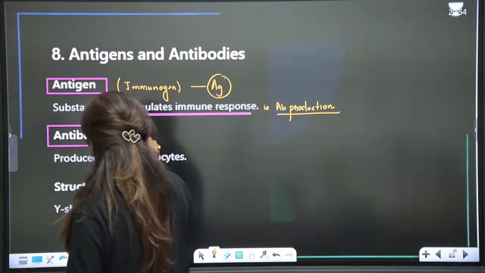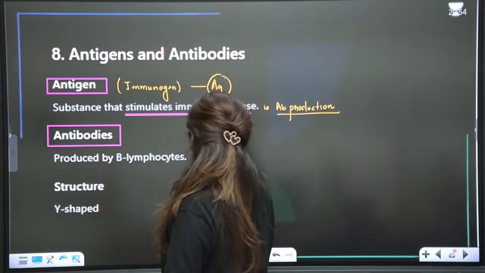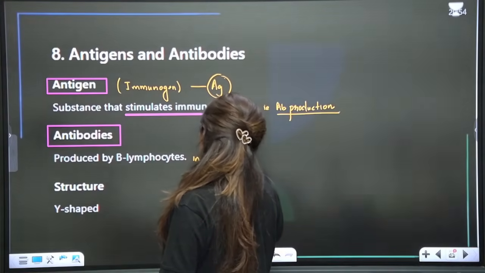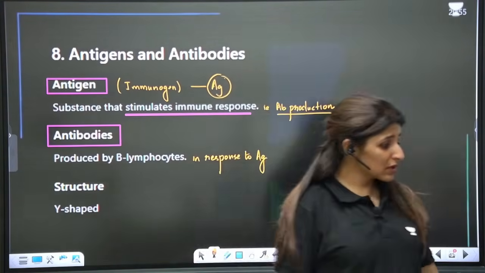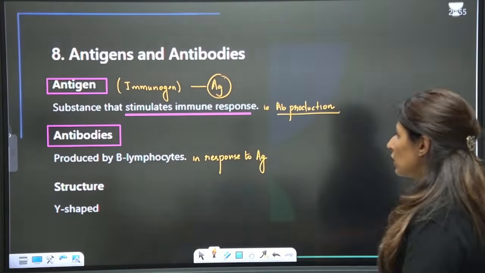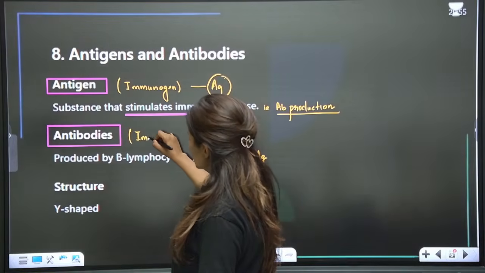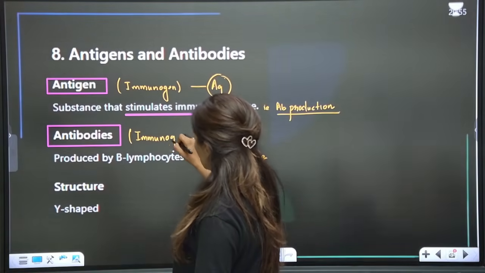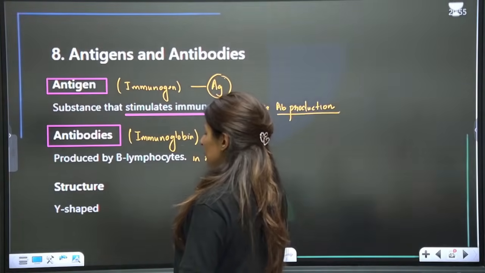Antibodies are produced by B lymphocytes in response to antigen. Is that clear to all? It is known as immunoglobulin, abbreviated as AB.